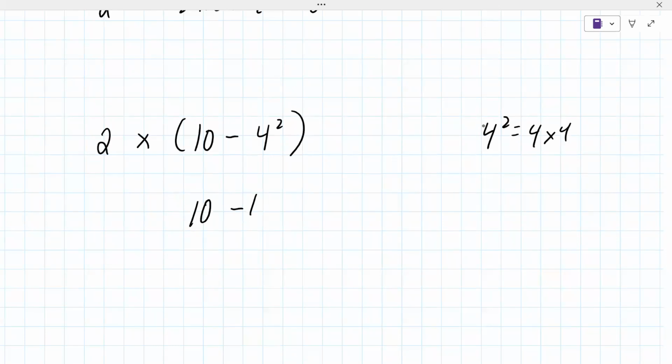Okay, so it's really 10 minus 16. Yes. The part I got confused on was because it says right here to subtract them with, oh, I see where I went wrong.